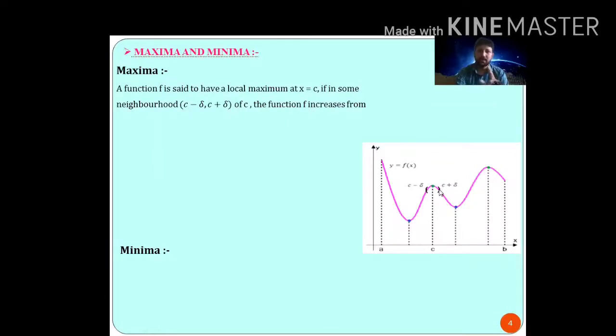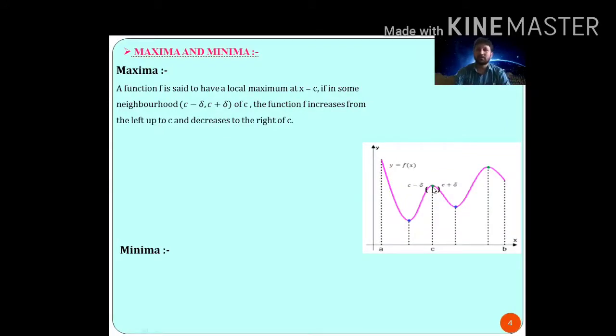In this interval, the function increases from c minus delta to point C, and from point C to c plus delta decreases. From the left of C it increases and decreases to the right of C. So we say that function f(x) has a maximum value obtained at point C.